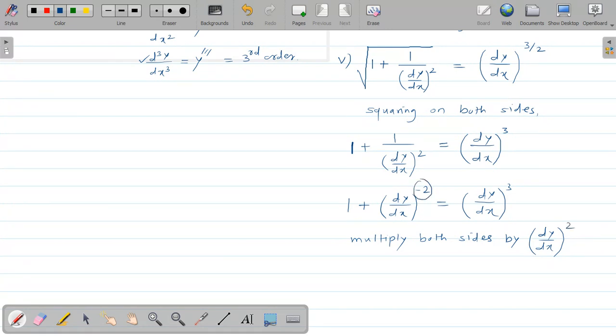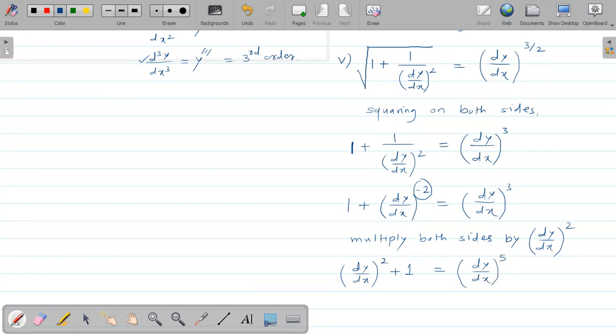Okay, so multiply LHS as well as RHS. So dy by dx square into 1 is dy by dx square, plus now dy by dx raised to minus 2 into dy by dx square, you will get 1, and to the right hand side, this is already dy by dx cube into dy by dx square, so it will be dy by dx raised to 5.